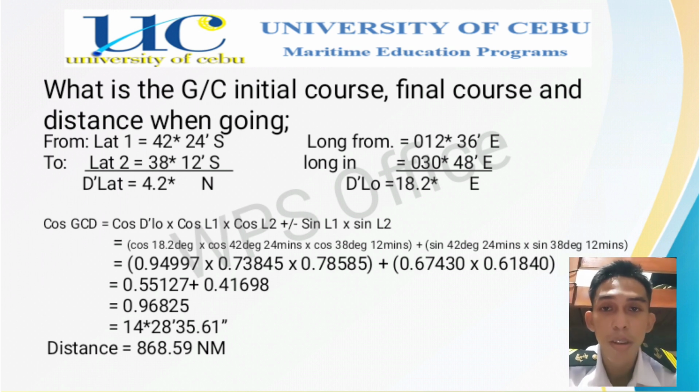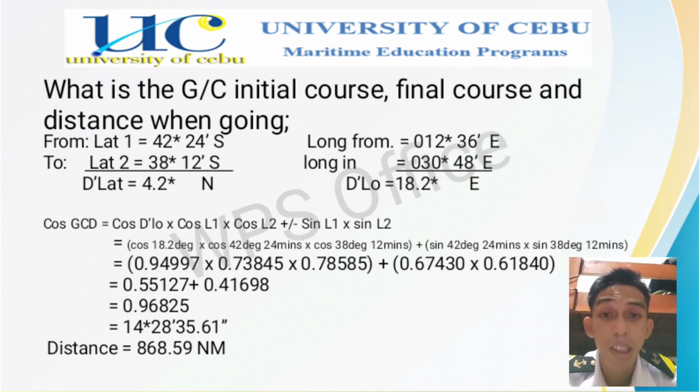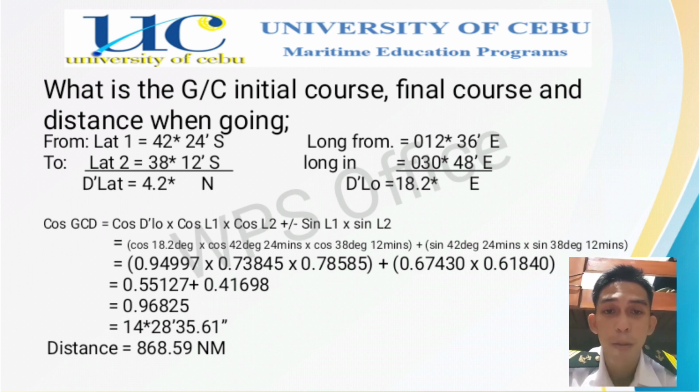So we must substitute: cos 18.2 degrees, which is the D-long, times cos 42 degrees 24 minutes, which is latitude 1, times cos 38 degrees 12 minutes, which is latitude 2, then plus sin 42 degrees 24 minutes, latitude 1, times sin 38 degrees 12 minutes, which is latitude 2.